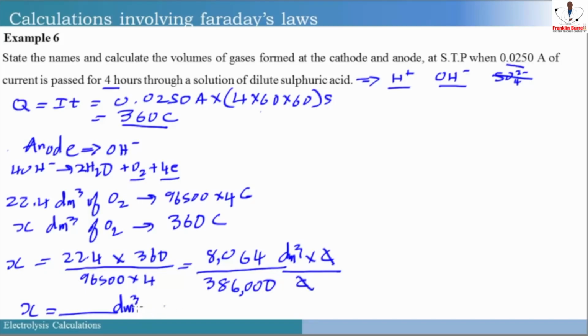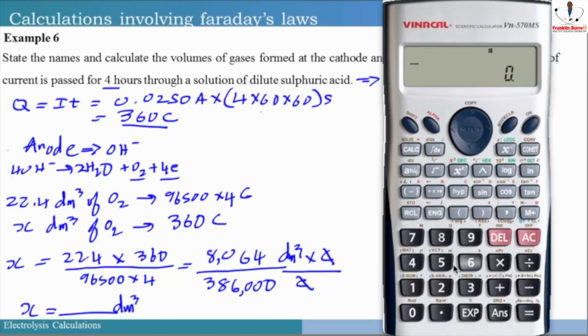Now, 8064 divided by 386000 would give me a value of 0.02 dm cube.